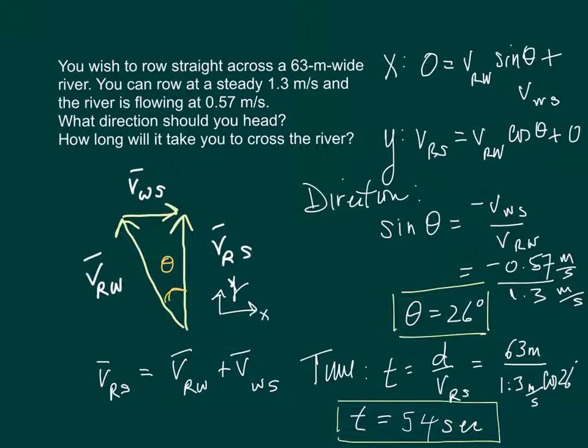So in this problem, we've used a couple of different math skills. Certainly we've used some trig to find the components of the vectors, and that was an important math skill. We've also had two component equations, and we had to solve these equations to isolate quantities and get values for individual variables.